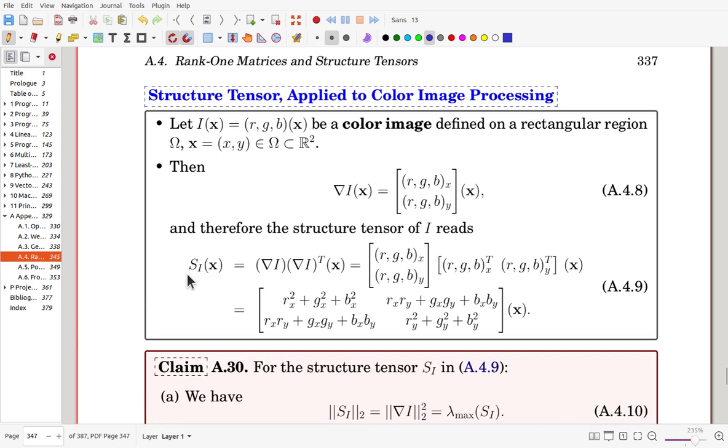So we use S sub I. That is here gradient of I and gradient I transpose. That is gradient of I and that is transpose. And with this computation, it becomes dot product of these vectors. So we have this one and these four components for that structure tensor.